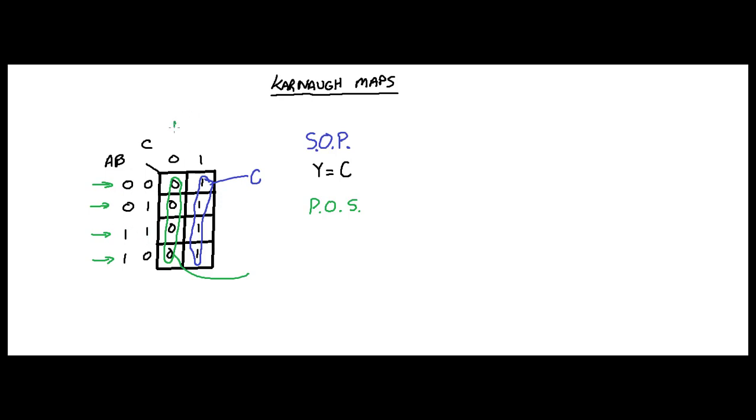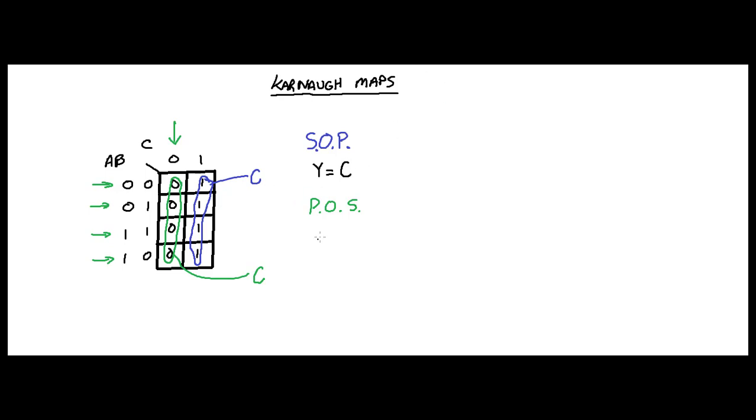But C, well, C does not change, right? It's a 0. So remember, we have to take the complement, right? If I take C bar, that's what the value is, and I take the complement of it, it's just C, right?